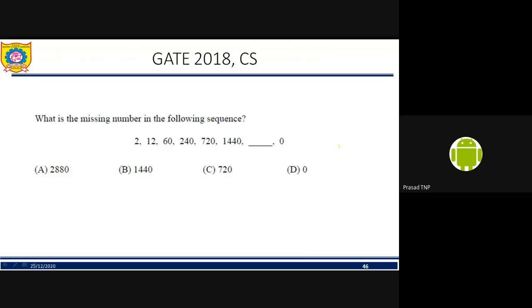Okay. This is very simple actually. Just a moment.